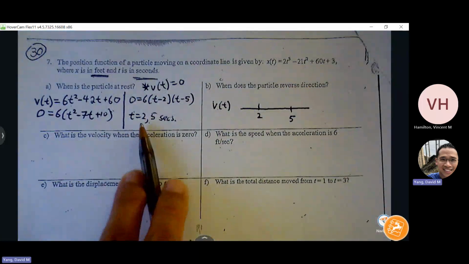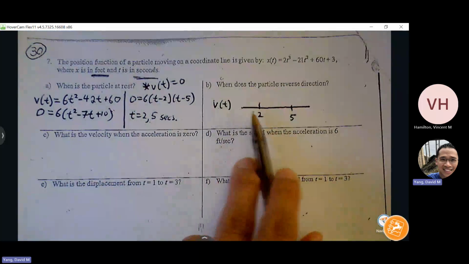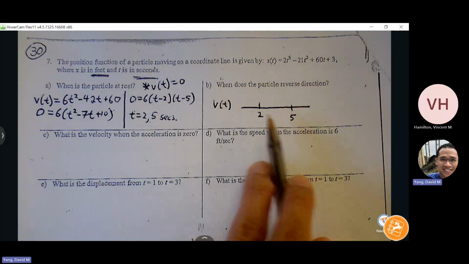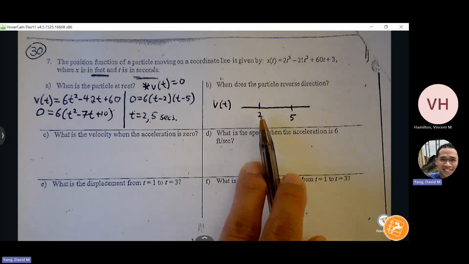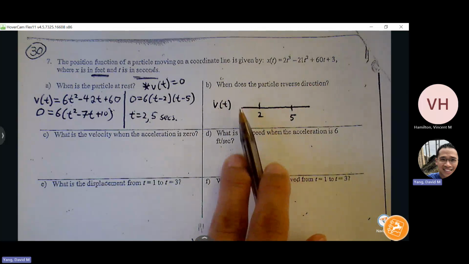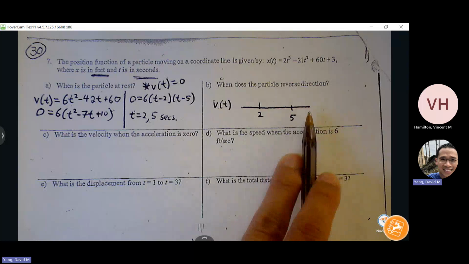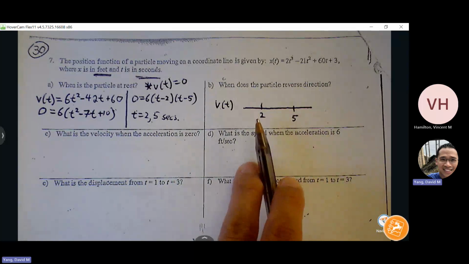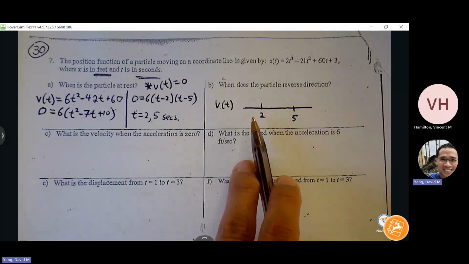We place the t values where the object is motionless, so that in each of these subintervals the object is moving in a consistent, same direction.